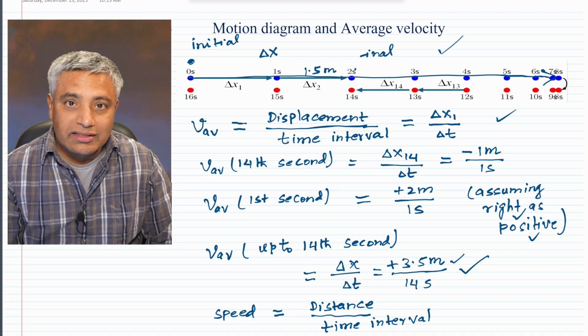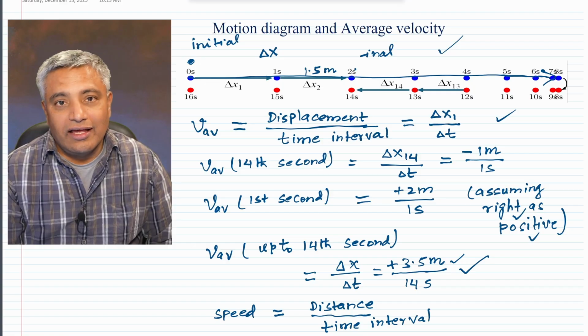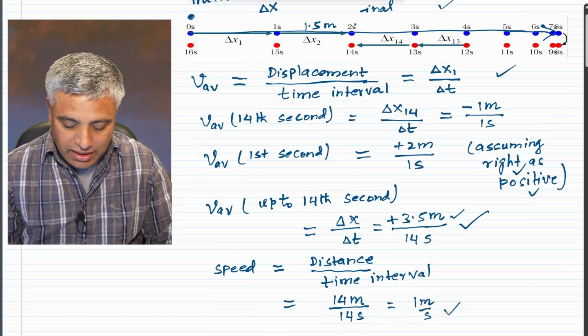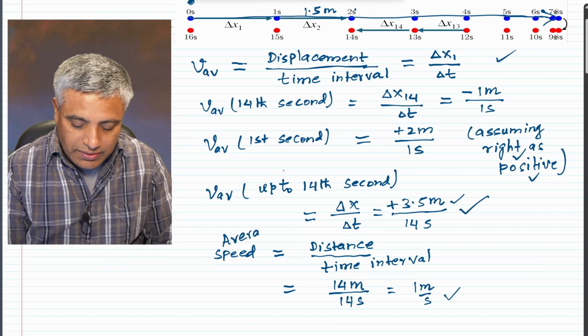So the value of displacement and distance are going to be the same. That means when we calculate average velocity and average speed, both values are going to be the same. And by the way, the speed I calculated is also average speed.